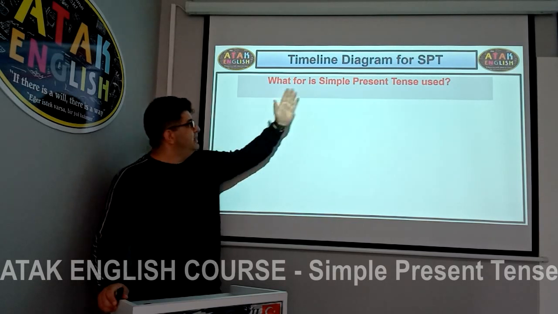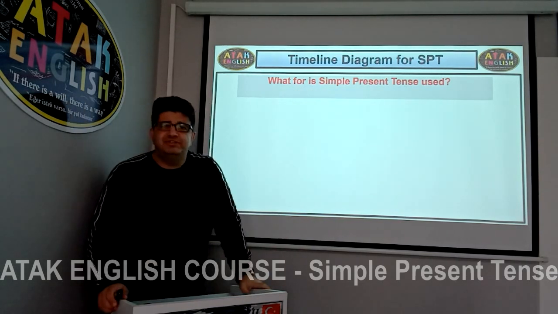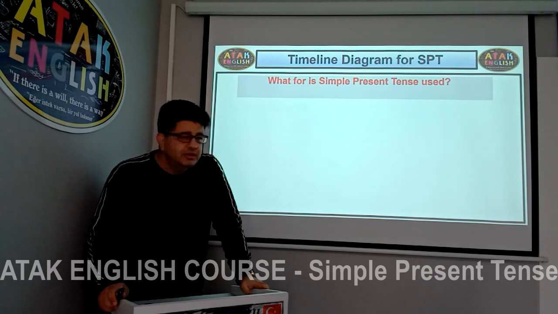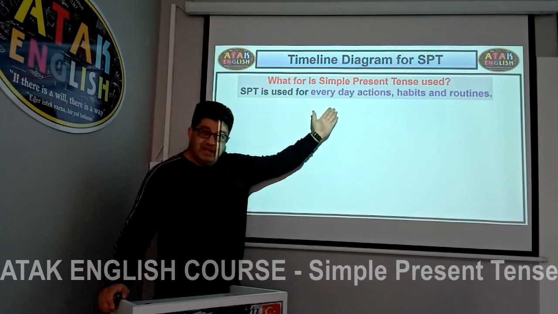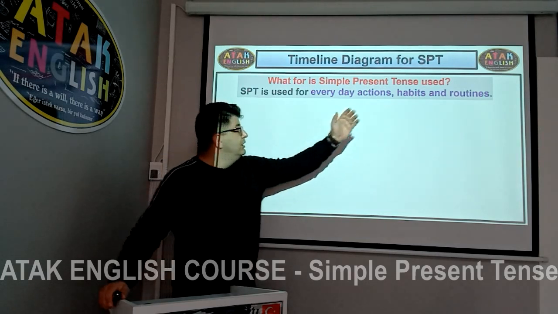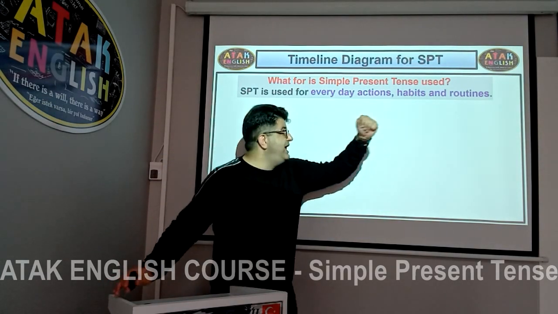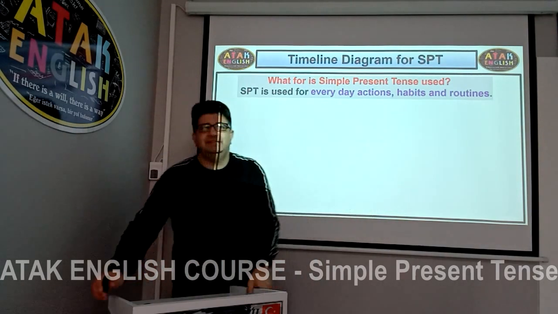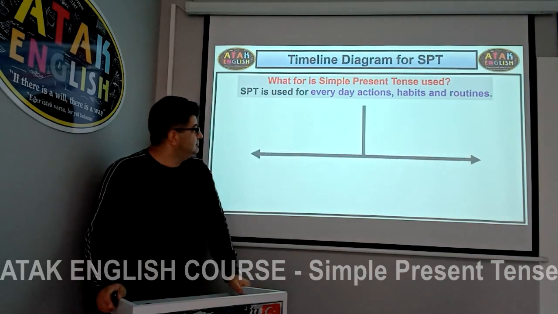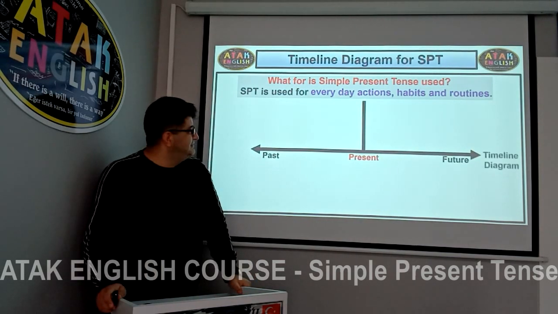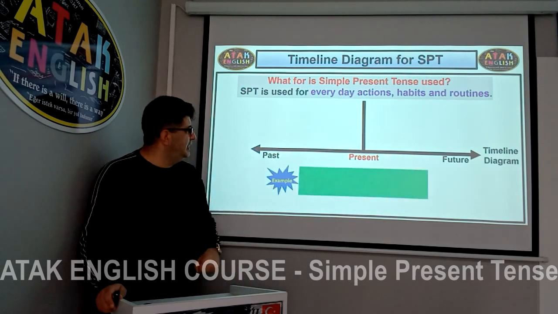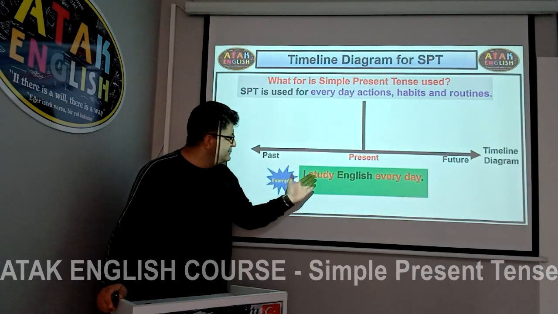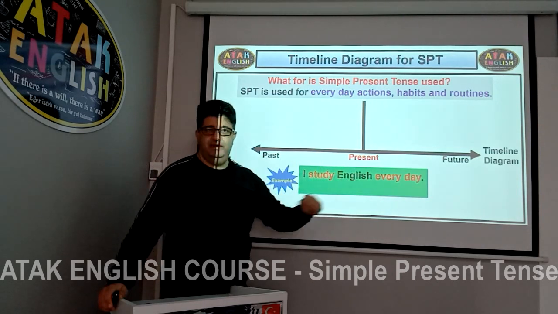What for is simple present tense used? Simple present tense is used for everyday actions, habits, and routines. Let's see it on the timeline diagram. Here comes our example. I study English every day.